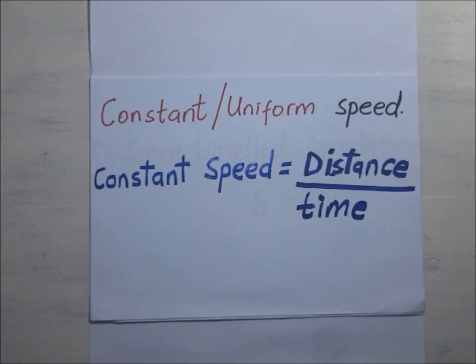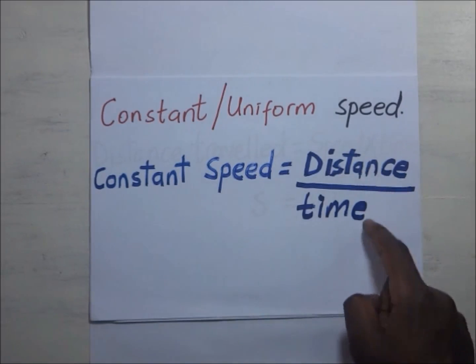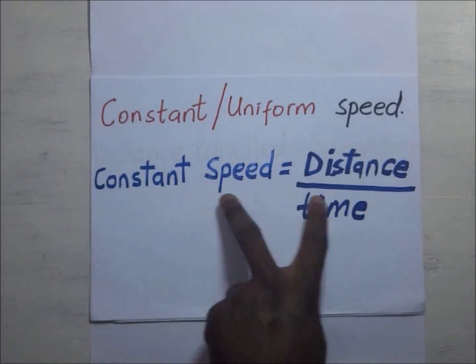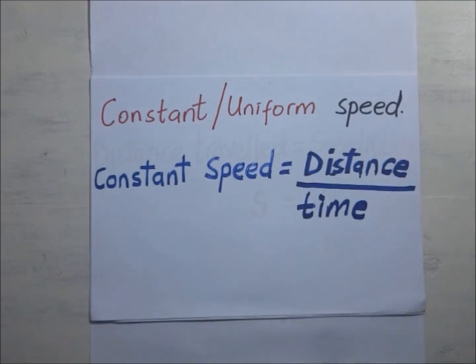Just like we've seen before, the formula for finding constant or uniform speed is simply going to be equal to the distance covered divided by the time. So we get a kind of formula that constant speed is going to be equal to distance over time.